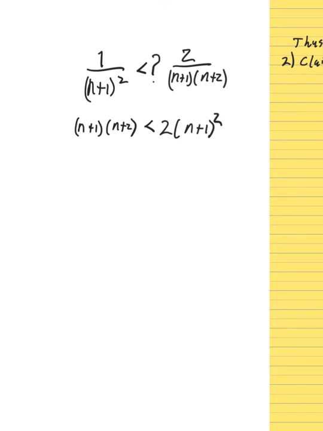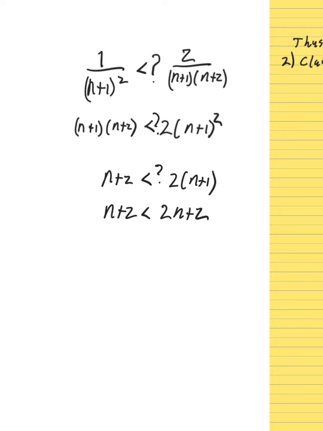By some cancellation, that will give me n plus 2 is less than, and I need to remember to put these question marks there, 2 times (n plus 1), foiling out the right-hand side, canceling all the stuff I can. Oh, cool. So there's all I need to know. Why is that true? That's true because n is a natural number, so n is positive.